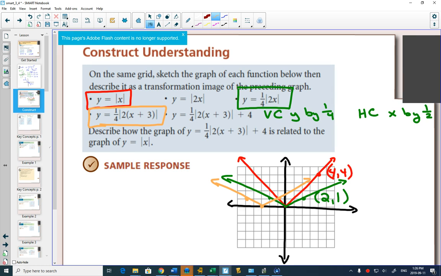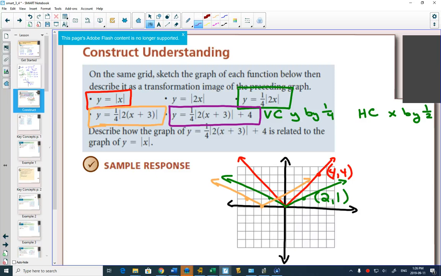And finally, this last graph in purple is exactly the same as the orange graph, except now we have a plus 4 at the end. And that plus 4 is not inside our absolute value, but outside of it, meaning that it affects it vertically.